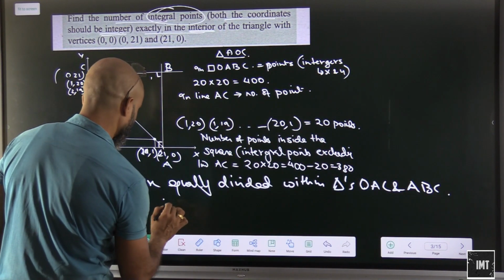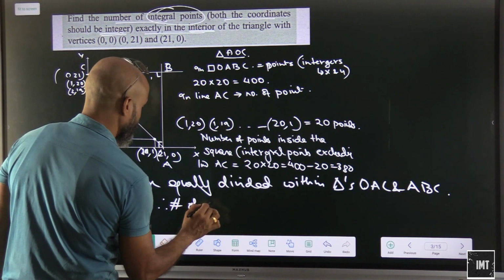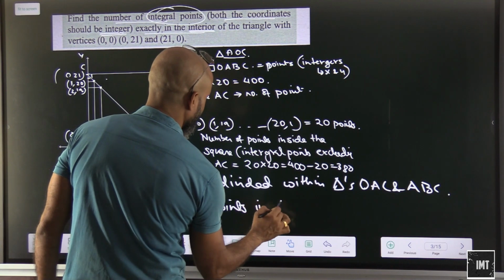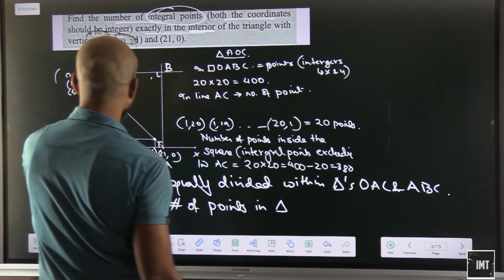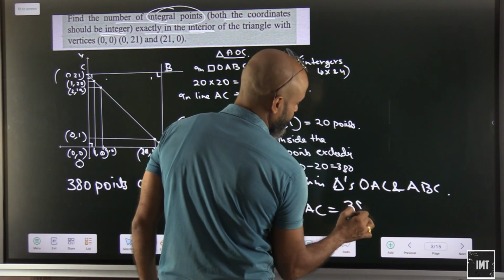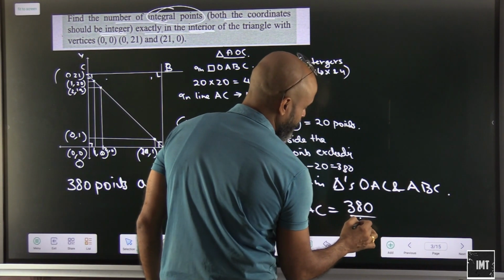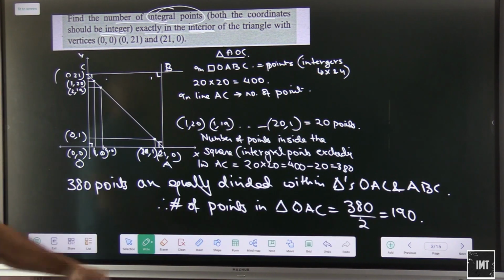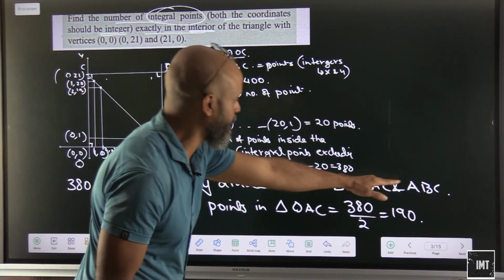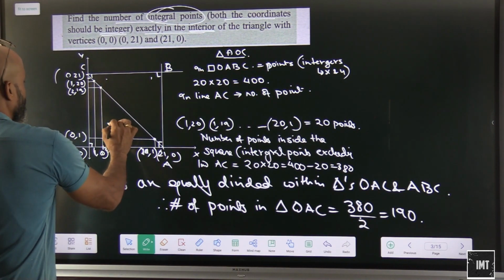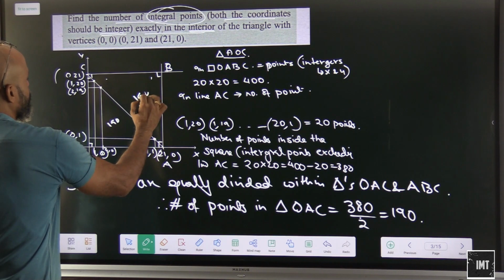So therefore number of points in triangle OAC will be 380 divided by 2, that's 190. Either way, OAC and ABC will have an equal number of points. So 190 points within this triangle, 190 points within this triangle.